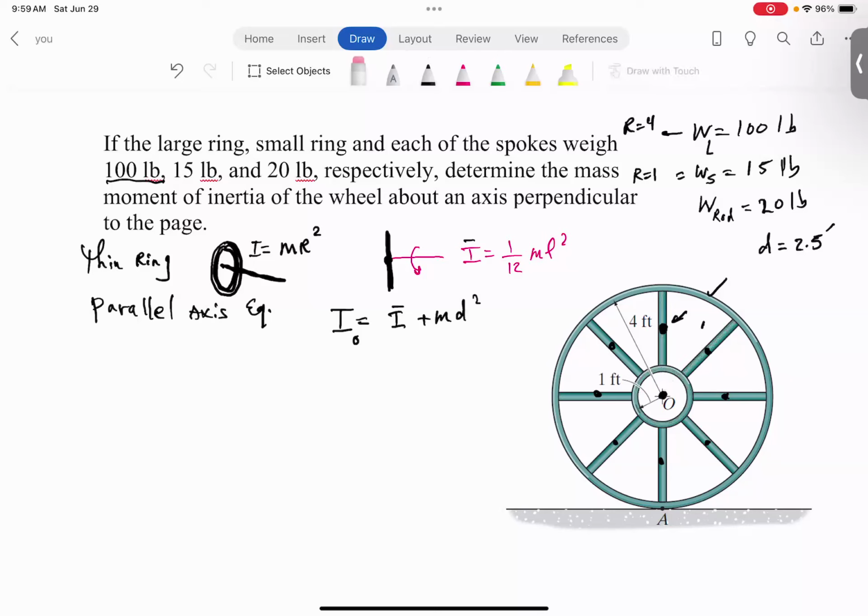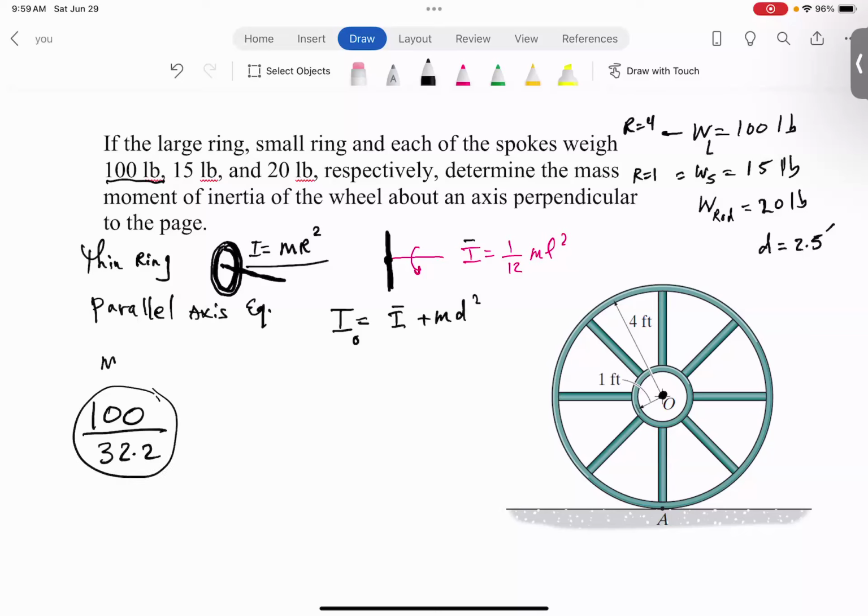Let me remove some of these things and then we can redraw them. It's really simple using superposition. Let's take care of the large ring and the small ring first. Based on this formula, for the large ring, what do we have? Be careful, the mass is 100 over 32.2.